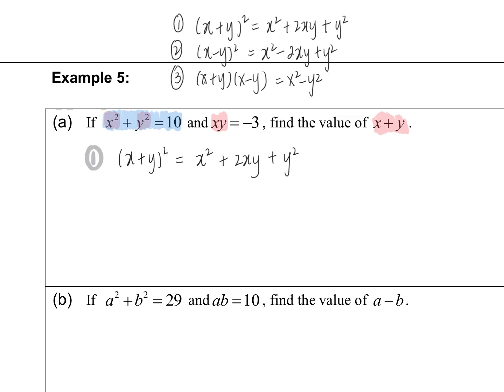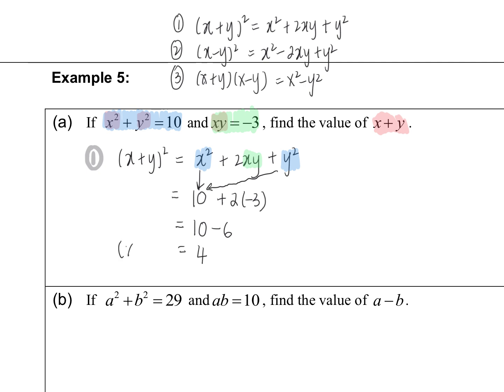I know these two gives me 10, so I'm going to change it to 10. I also know that xy is minus 3, so this number here is negative 3. So if I simplify, it gives me 4.